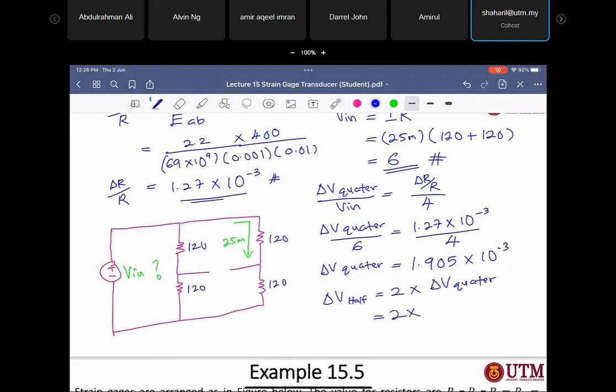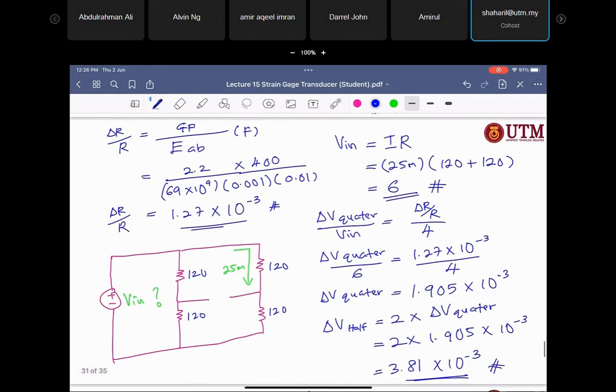So times with 1.905 times 10 power of minus 3. What is it? 1.9, okay. Alvin. Okay, 3.81 times 10 power of 3. All right, so that's it.